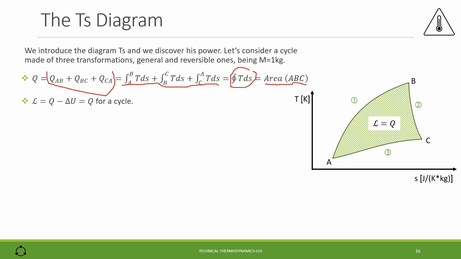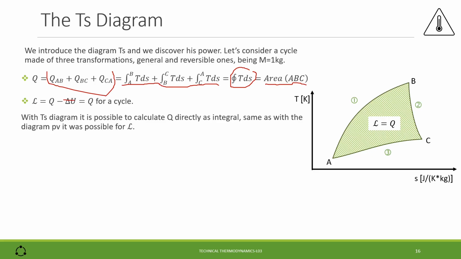We remember that the thermodynamic work is Q minus delta U, but for a cycle, delta U is 0, so it remains only Q. L and Q are equal. In this diagram, it's definitely possible to calculate Q directly as an integral, as we have done for the thermodynamic work using the diagram PV.